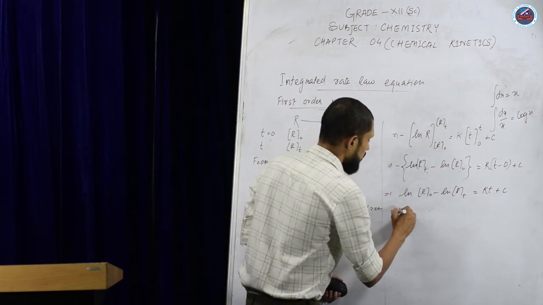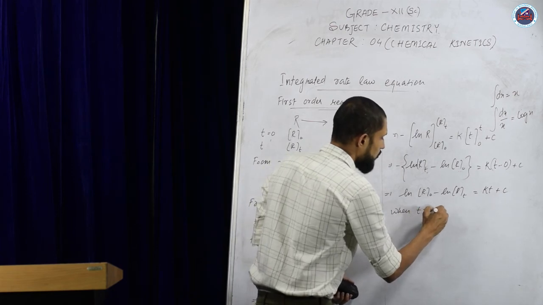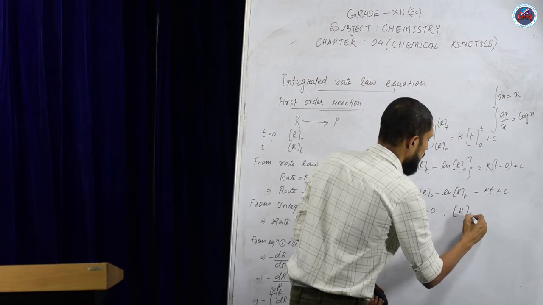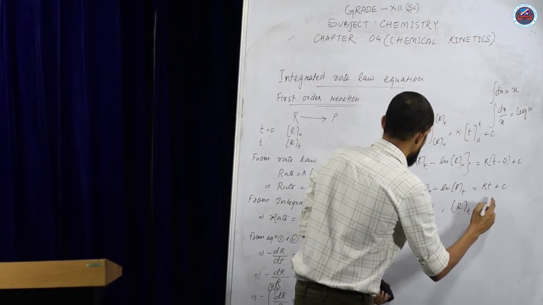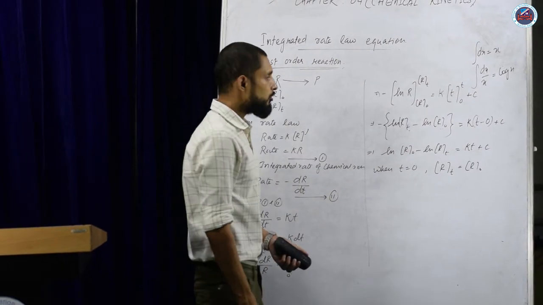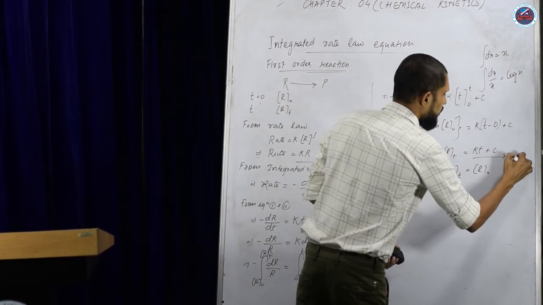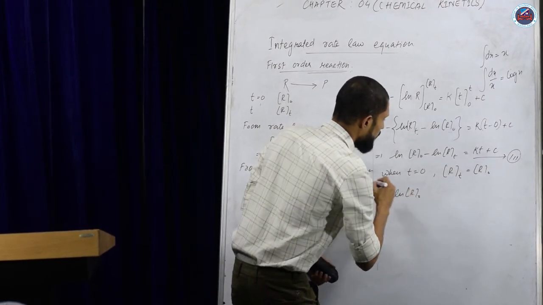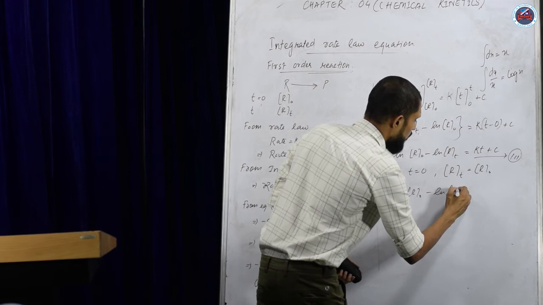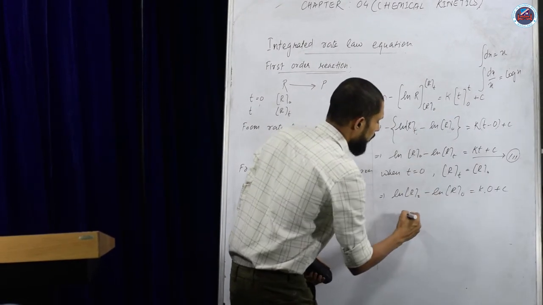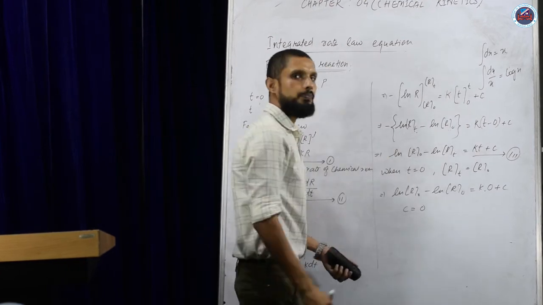Now when time t is equal to 0, the concentration of reactant Rt is equal to R0. If you substitute this value in the third equation, that is equation 3, we'll get ln of R0 minus ln of R0 equal to K multiplied by 0 plus c. From here you'll get c equal to 0.